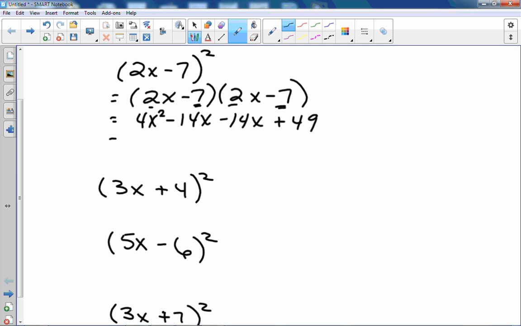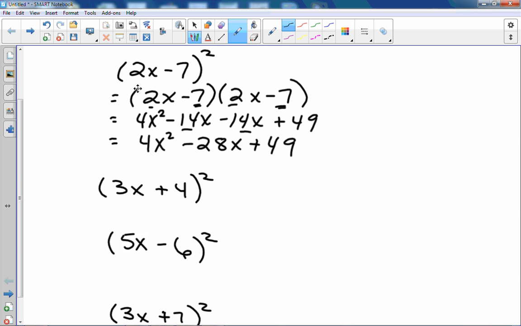Now, notice in the middle here that negative 14x minus 14x doesn't cancel out. They're both negative, so we'd actually add them, and we would get negative 28x plus 49. Okay, so now this 4x squared minus 28x plus 49 is called a perfect square trinomial. We'll look at the details of that in just a minute.